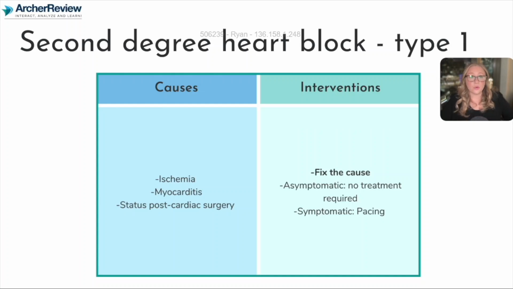Once again, your intervention is to treat the cause. If they're asymptomatic and they have sufficient cardiac output, then we really don't require treatment. But once again, if they are symptomatic and we do need to treat second degree heart block type 1, we will do so with a pacemaker.